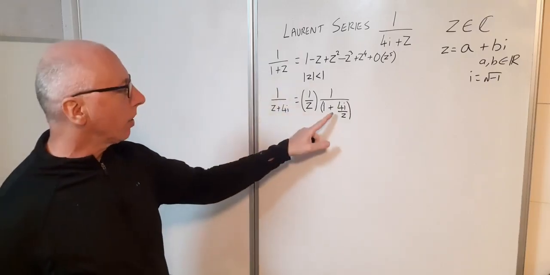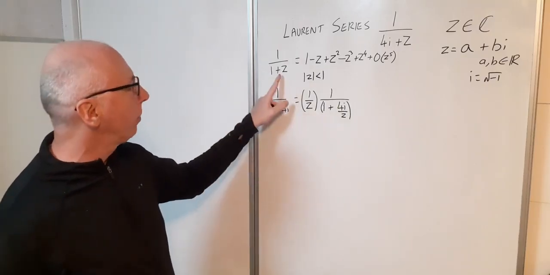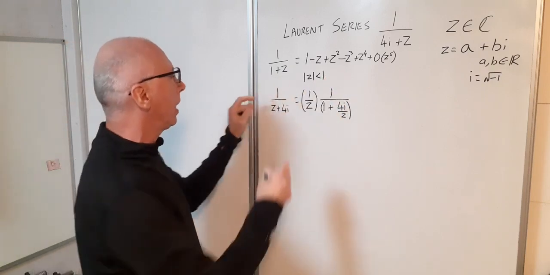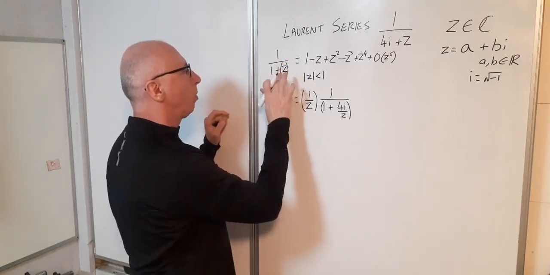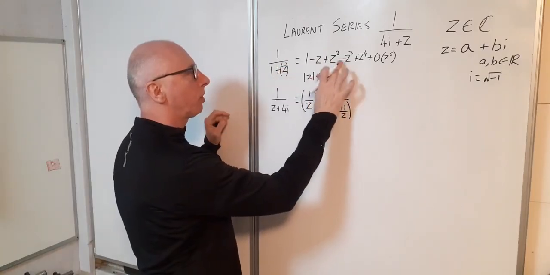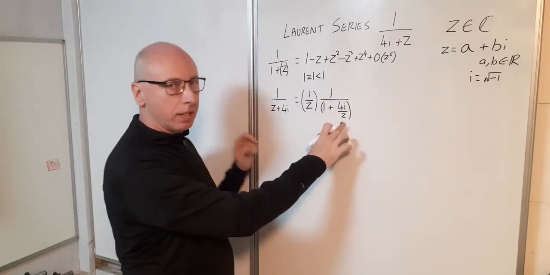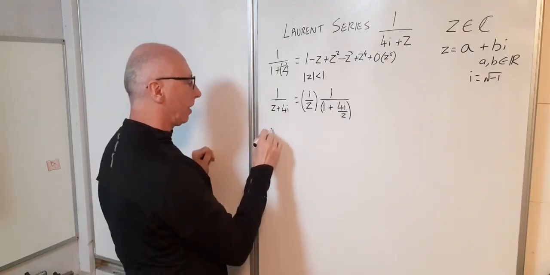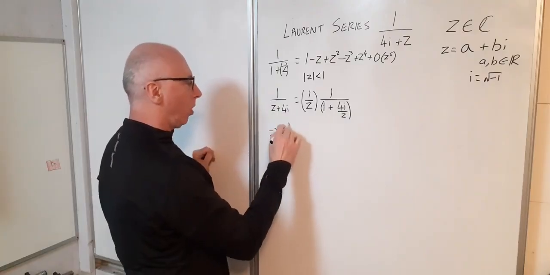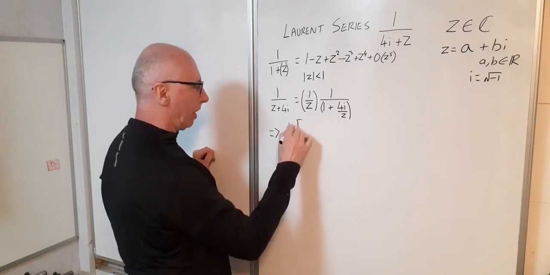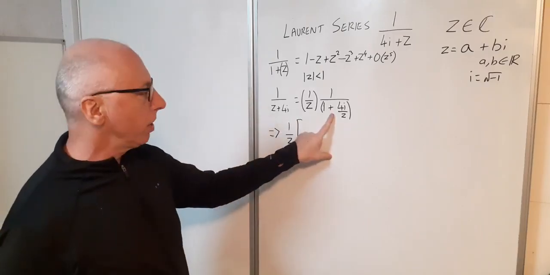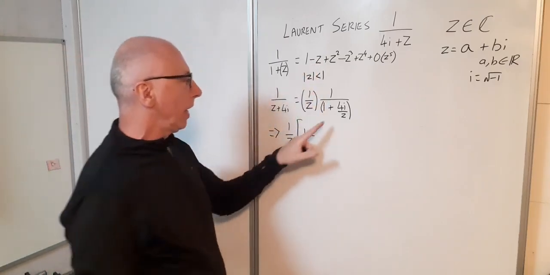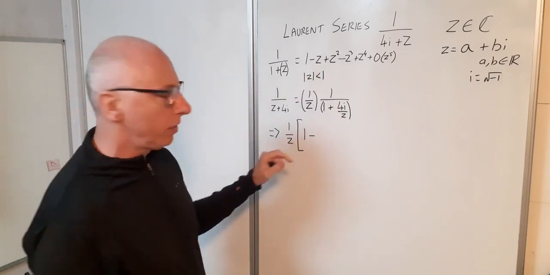Okay, so now I've got a series representation for this when I put this into here. So now, if I take that bit there in brackets, I just plug those bits into there. So the representation of that will become 1 over z, so keep that bit, and then do this as my series representation. So 1 minus, now wherever I see a z, I'm going to use 4i over z.